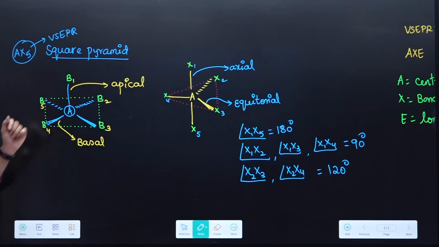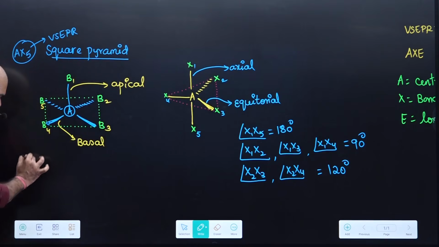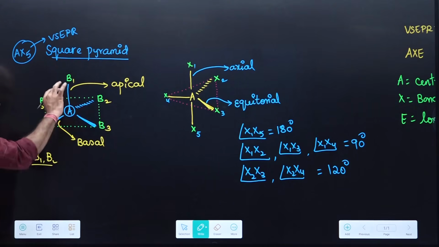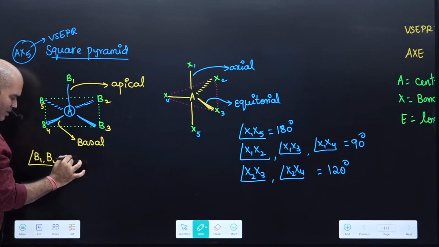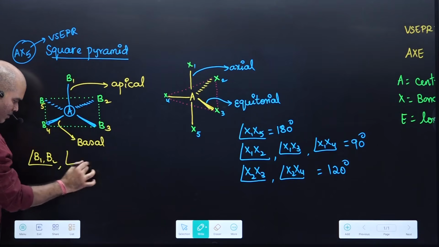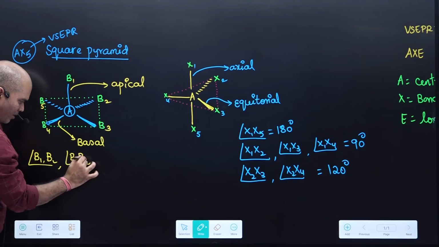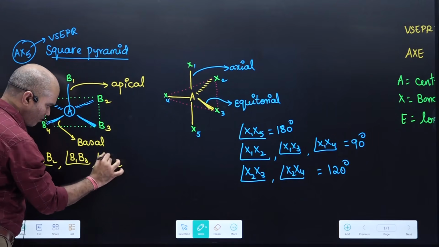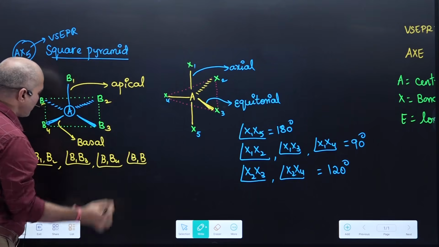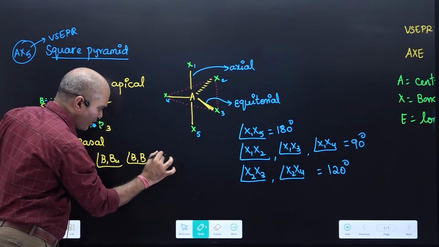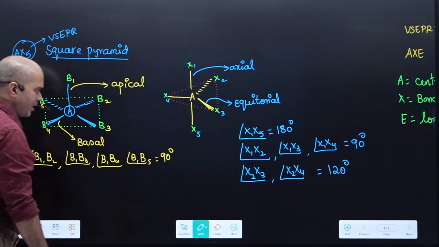Bond angles between B1 and B2 or B1 B3 or B1 B4 or B1 B5. Sorry, yeah, B1 B5. The bond angle is 90 degree.